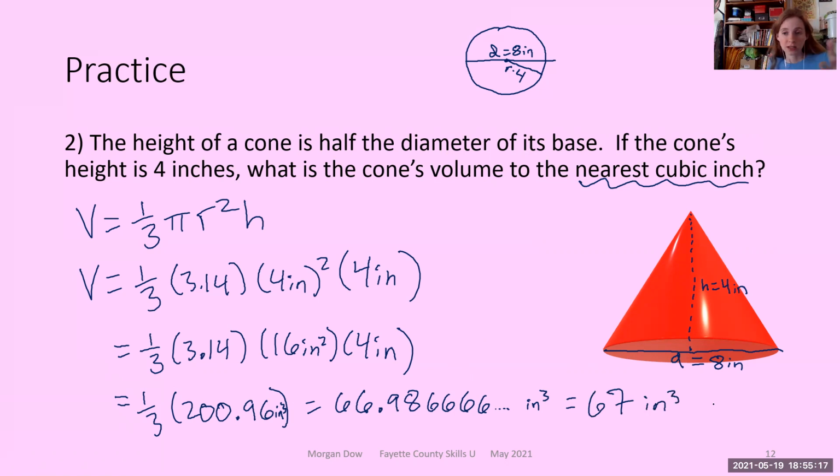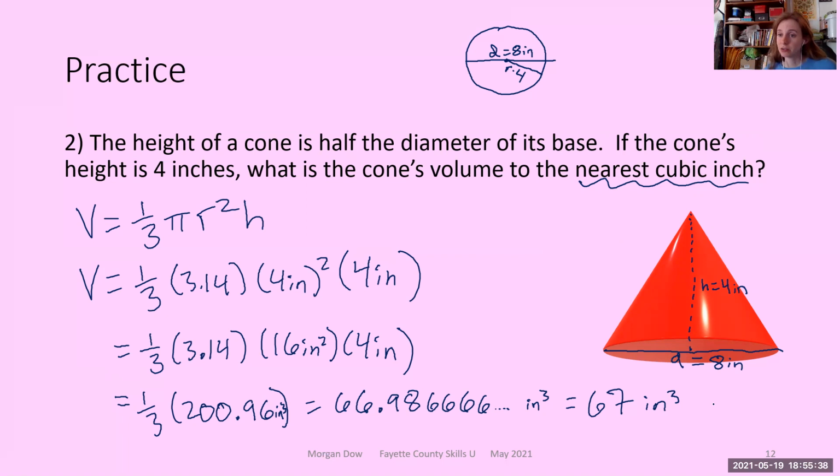So we look at this problem, we see it is talking about volume of a cone. So we wrote down our formula for volume of a cone, and we thought about what measurements we need to plug in there to calculate the volume. We needed the radius and we needed the height. The problem told us the height right away.